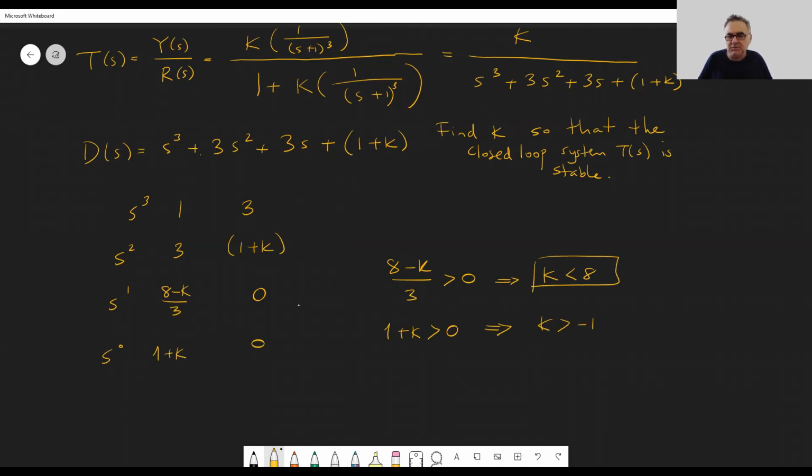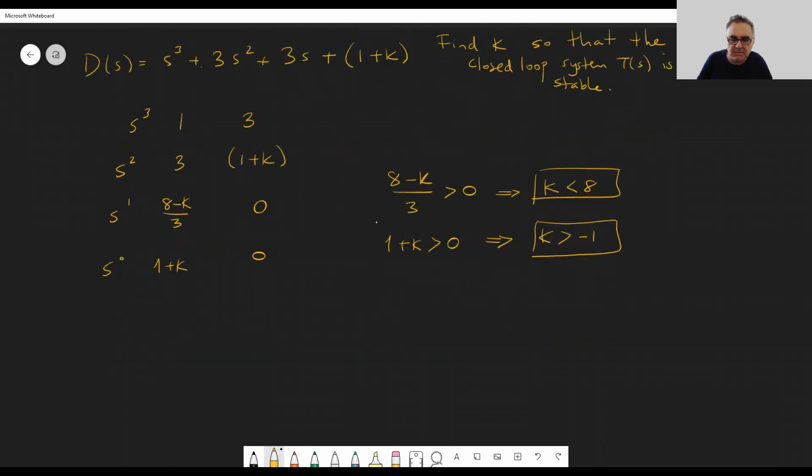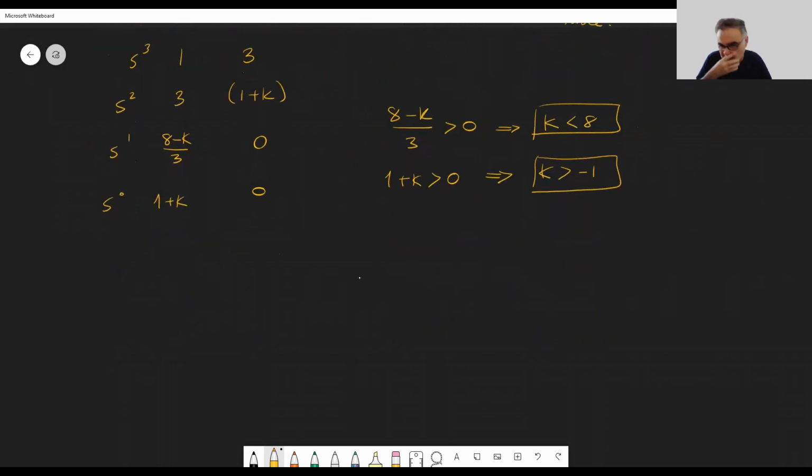So the condition for stability is these two things combined: -1 should be less than k, less than 8. This is the condition.